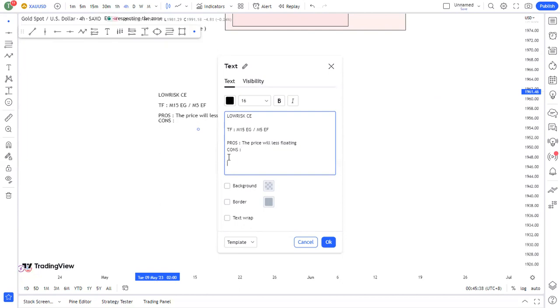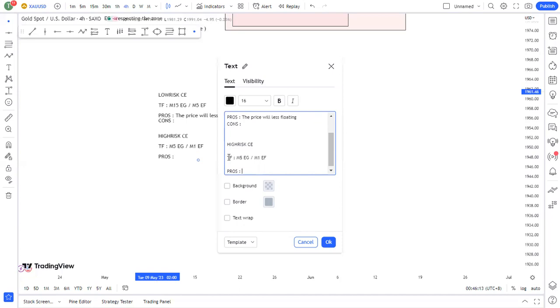About the high risk CE, the time frame that we are looking at is M5EG or M1EF. The pro here is that we are going to get so many entries, because it is kind of impossible for the price to move without M1 confirmation or M5 confirmation.